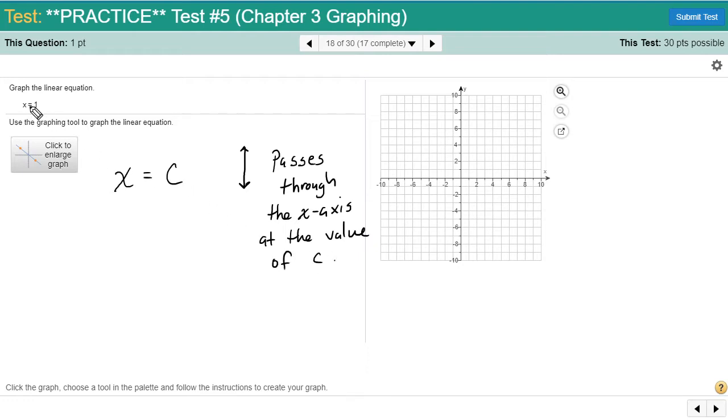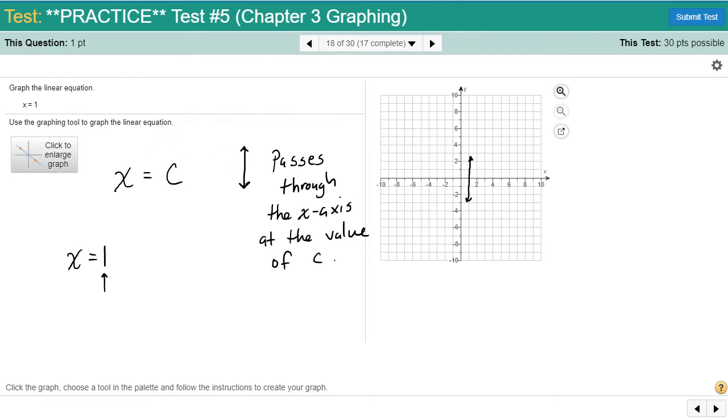So in this case, we have x equals 1. So this is going to be a vertical line that goes up and down, and it passes through the x-axis at the value of c. So if the value of c is positive 1, it's going to be a vertical line that passes through the x-axis at c.